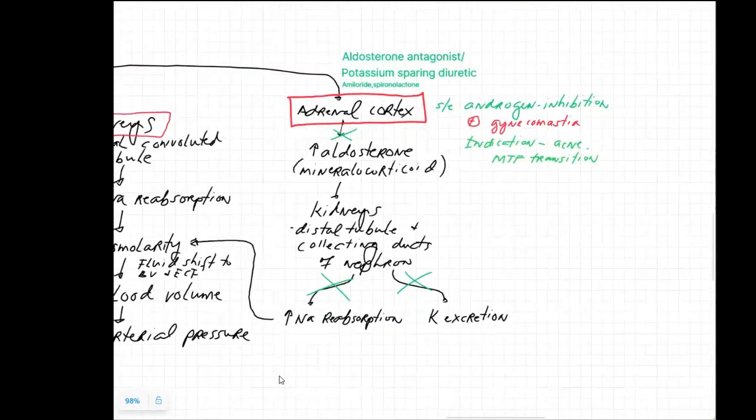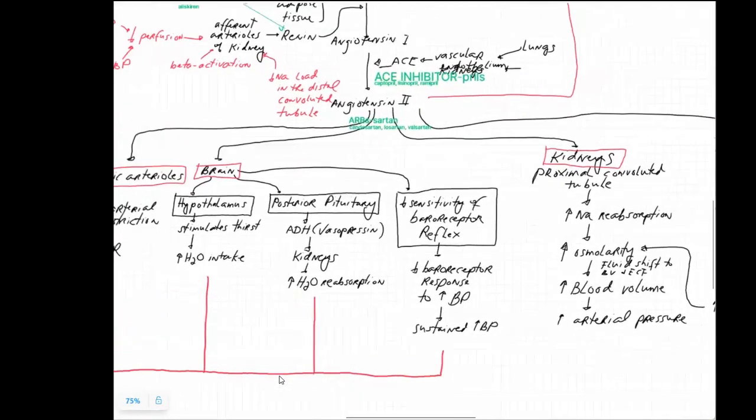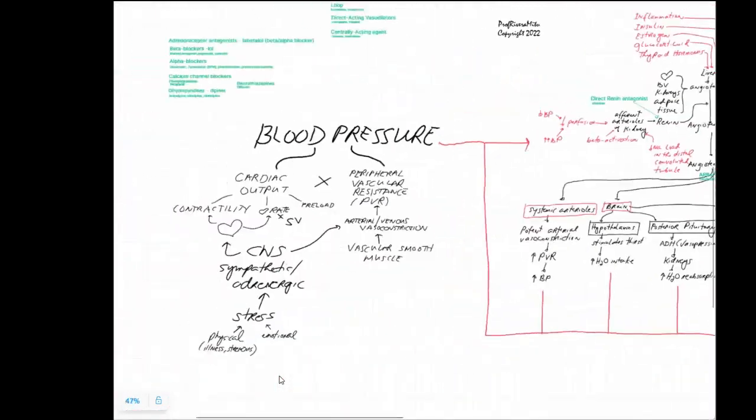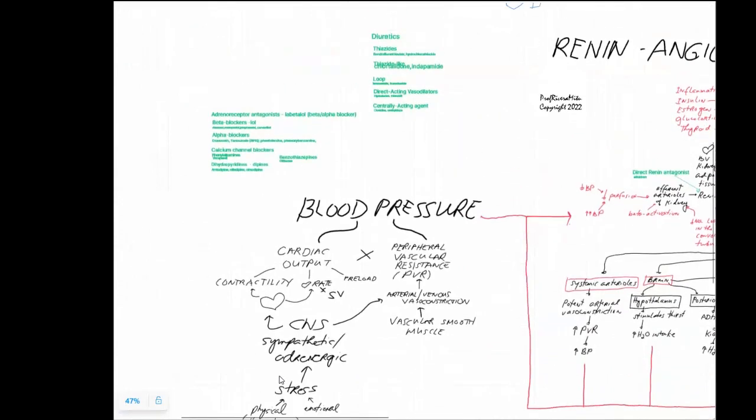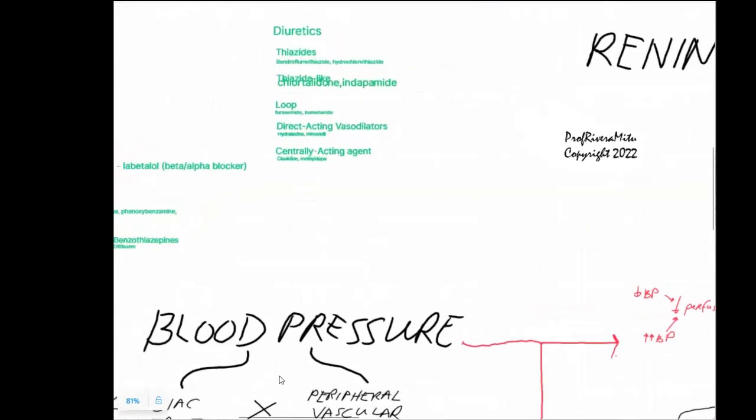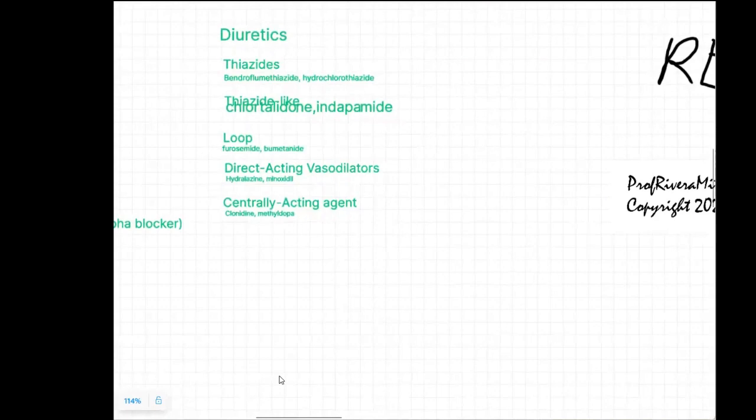Now, the other medications that are listed here, going back to the diuretics. These are the different diuretics that are used in hypertension. So we have the thiazides, the thiazide-like, and the loop diuretics.